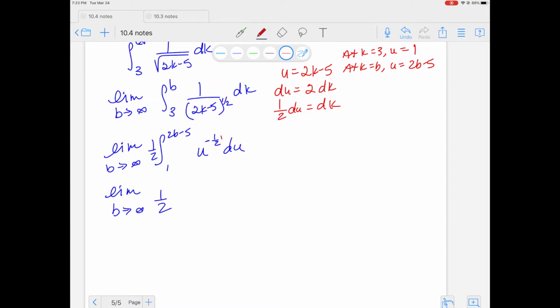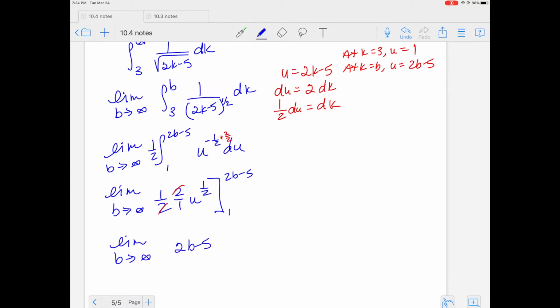If you add 1 to this, that's going to give you u to the 1/2, bringing that 2 in front because you multiply by the reciprocal. And that's going from 1 to 2b minus 5. Now the beauty of this is those 2's cancel. So I just have my limit as b approaches infinity now here of 2b minus 5 to the 1/2 power minus 1 to that 1/2 power.